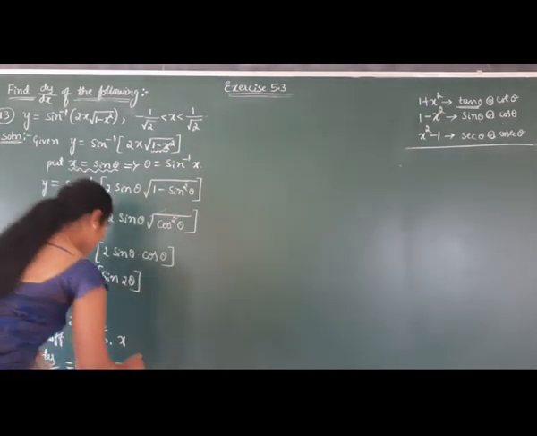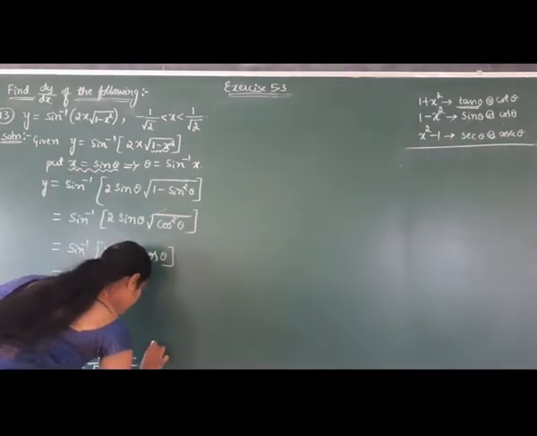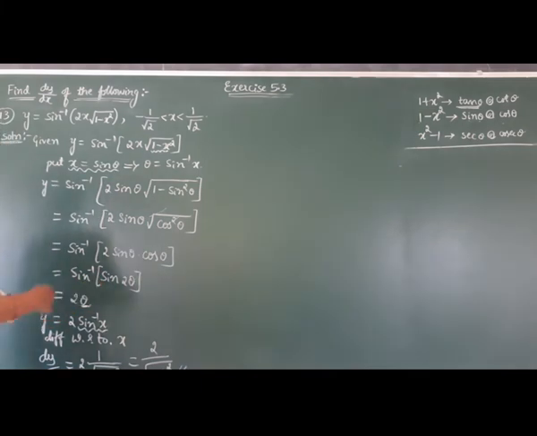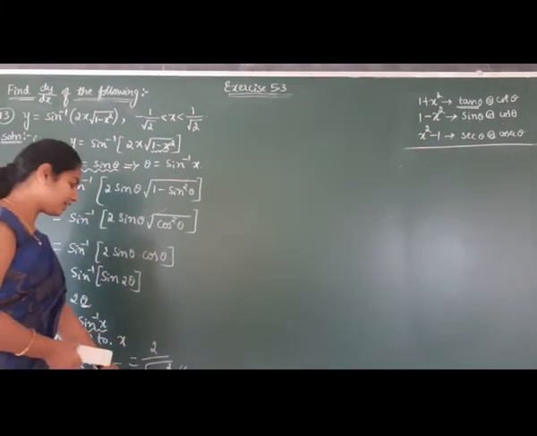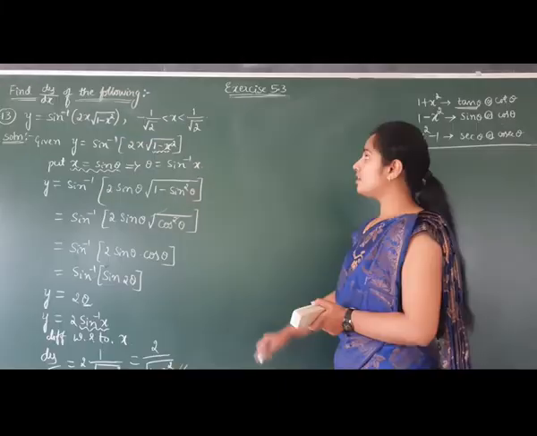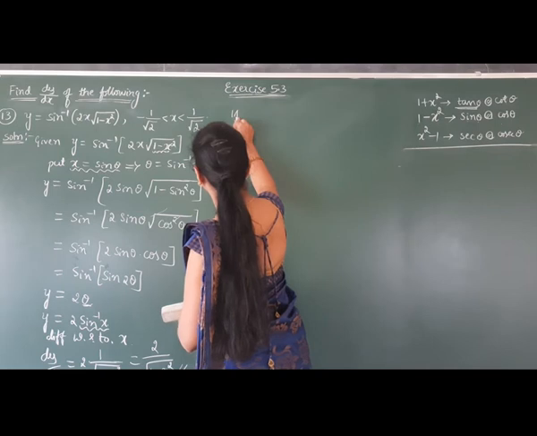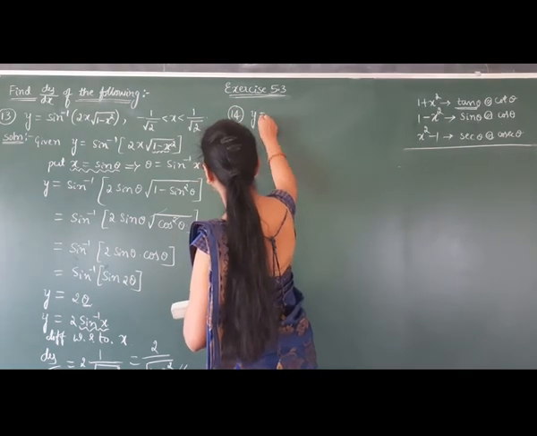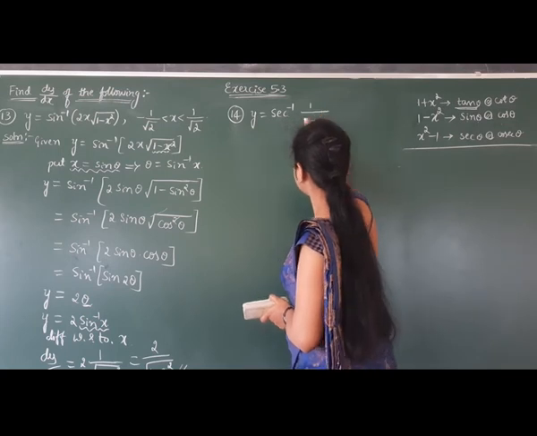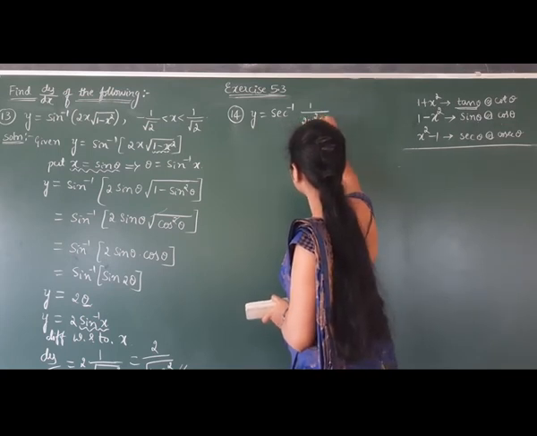So this is equal to 2 divided by square root of 1 minus x square. Okay, so the derivative of the given function with respect to x is 2 divided by square root of 1 minus x square.